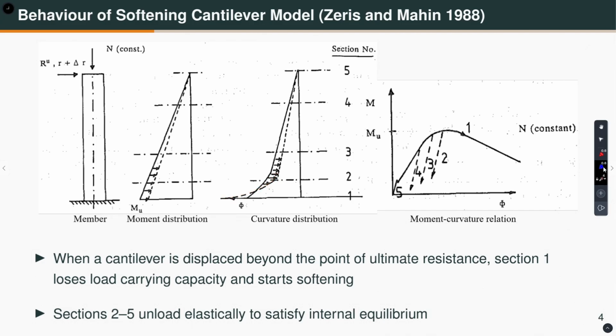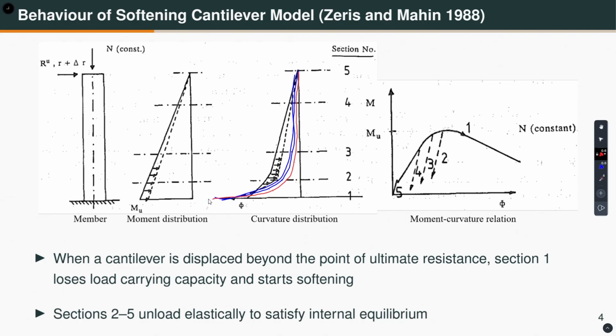Okay. So, now if you keep pushing it further, so what will happen to your curvature diagram? I will draw it one more. So, it is going to go like that, like so, okay, right. So, this will keep on reducing because it will be unloading elastically, and at the base the curvature is going to increase, right.